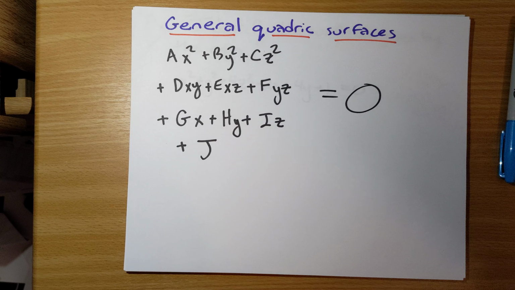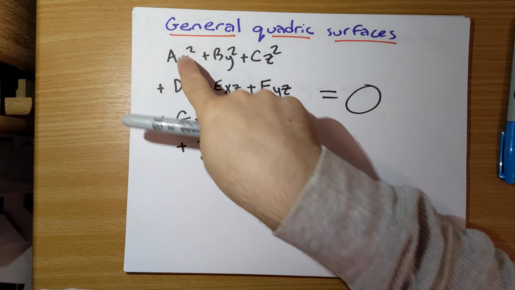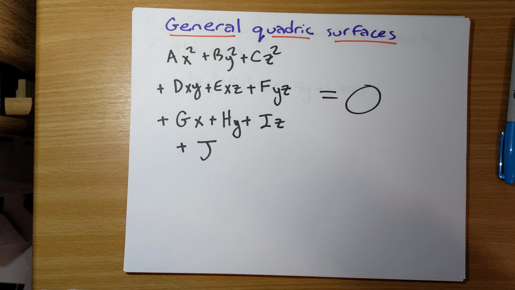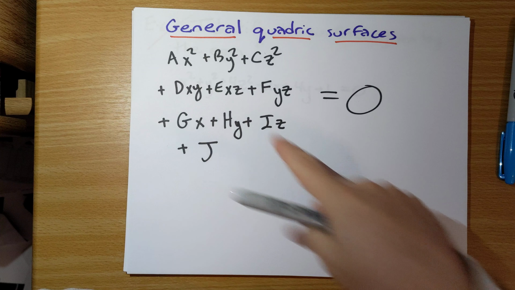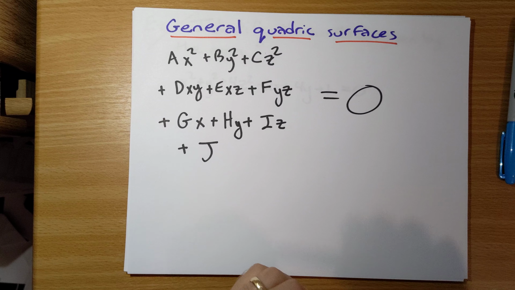This might feel a bit overwhelming when you look at it at first: there are 10 separate terms here with 10 separate coefficients, a, b, c, d, e, f, g, h, i, j. But as it turns out, in most cases, and basically anything that we talk about in this class, we can apply some clever transformations to turn it into something that we've seen before, like ellipsoids, hyperbolic paraboloids, stuff like that.